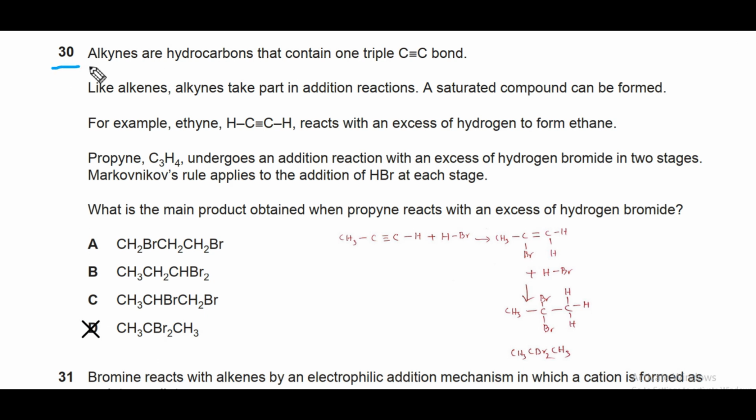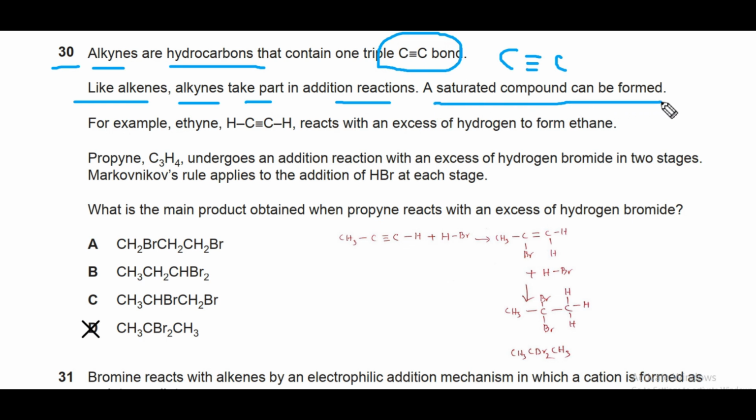Now 30, alkynes. Alkynes mean a carbon-carbon triple bond. Alkynes are hydrocarbons that contain one carbon-carbon triple bond. Like alkenes, alkynes take part in addition reactions. A saturated compound can be formed, an alkane will be formed.